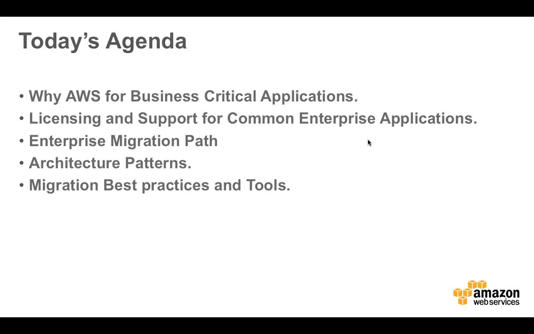We'll then go into a typical enterprise migration path. What do we see enterprises do, and how do they leverage the AWS Cloud? And we'll go a little deeper into the technology architecture, and talk about some architecture patterns that we see when enterprise applications are deployed. And then we'll cover some best practices and tools for migration.